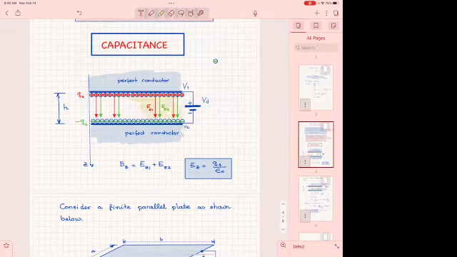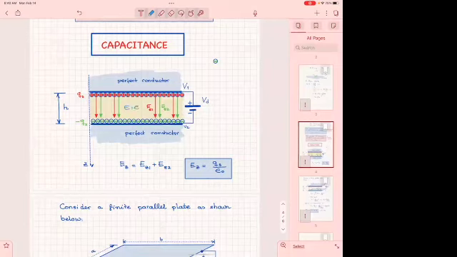And if this dielectric is, of course, not air, it's going to have an epsilon, and this epsilon is going to be homogeneous and isotropic and all the good properties.